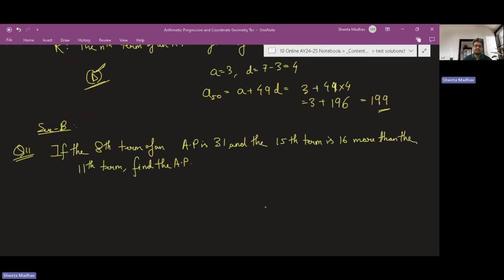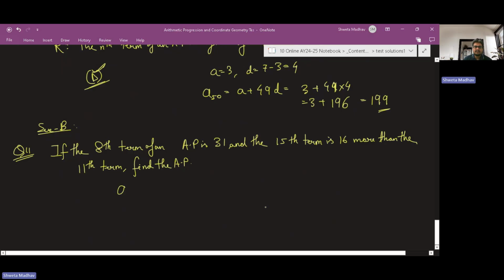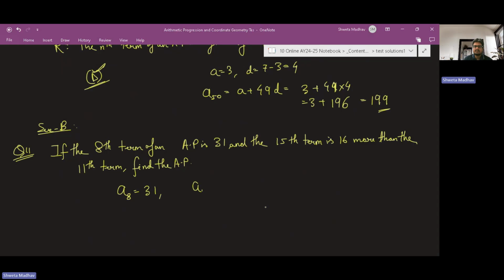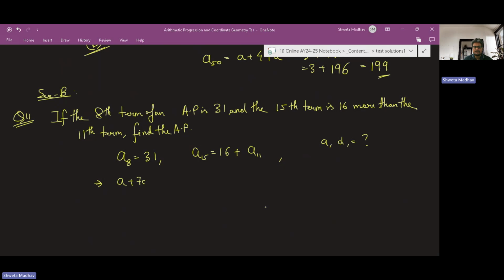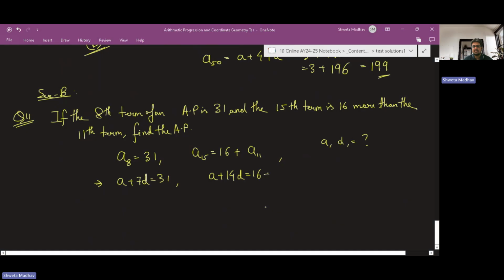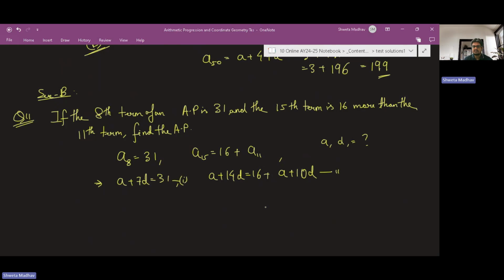So here we have to find the AP, which means the first term, the common difference, and the sum terms of the AP we have to find out. So a8 is 31, which means a plus 7d is equal to 31. And a15 means a plus 14d is equal to 16 plus a11, which means a plus 10d. So these are the two equations which have been given to us.